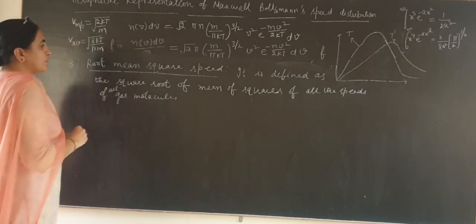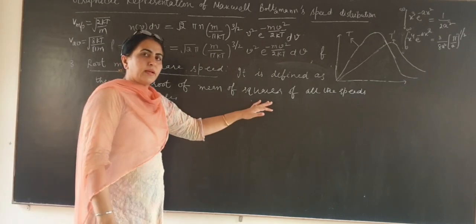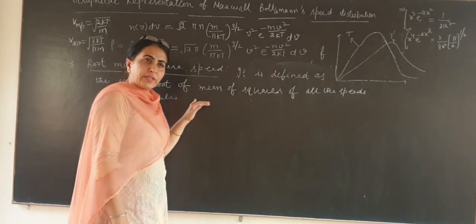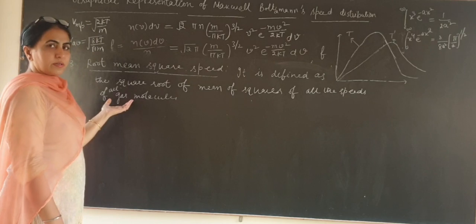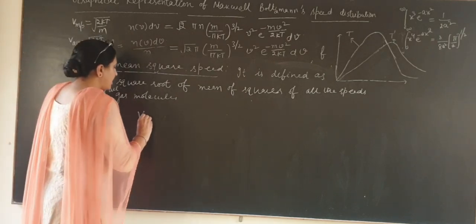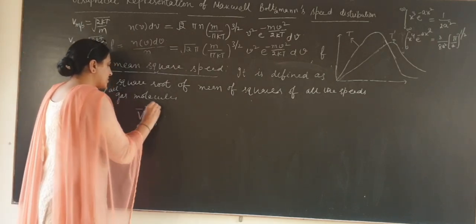So first we take squares of the speed, then we take the mean of that, then we take the square root. So you can also write here V_RMS bar square.